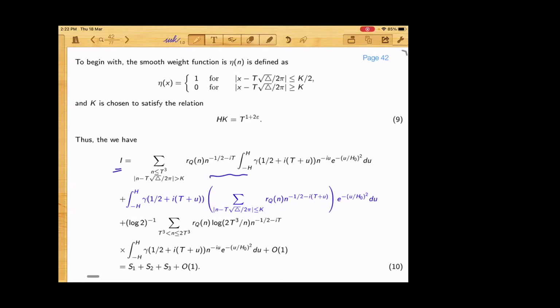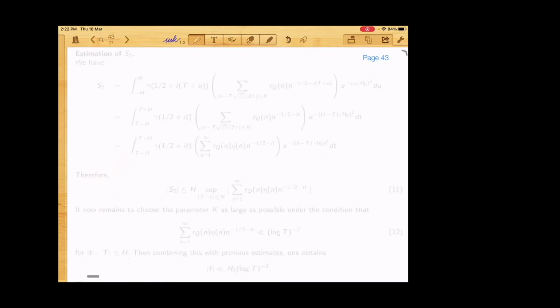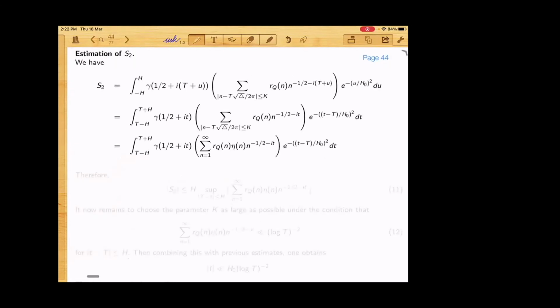Now, the rest of the things can be shown to be very small. The only thing one needs to consider is the one in the blue color. So therefore, we need the estimation of the sum S2. This is the S2.